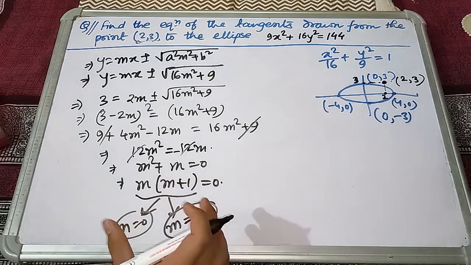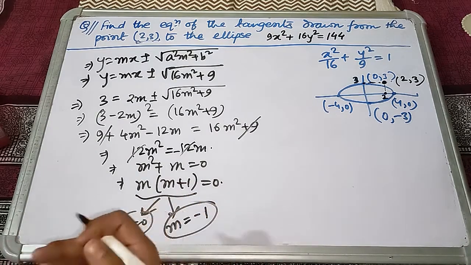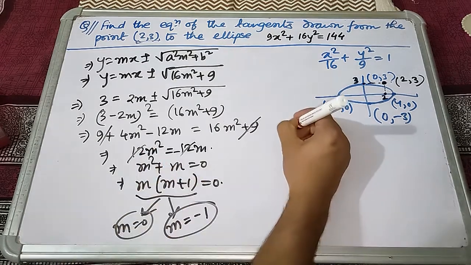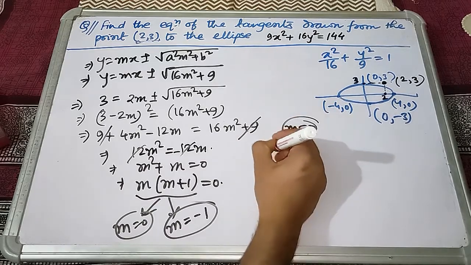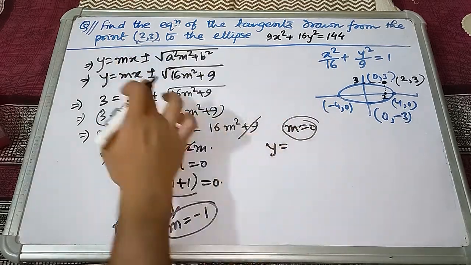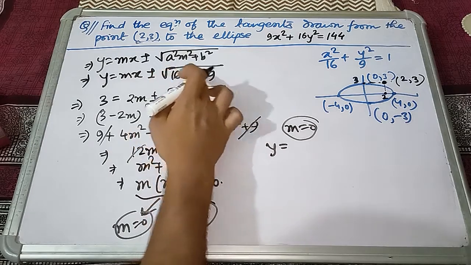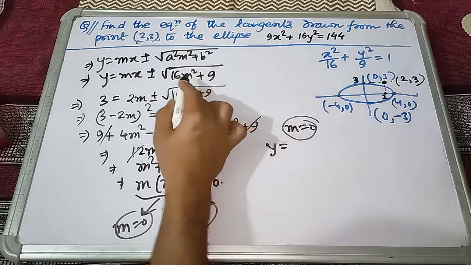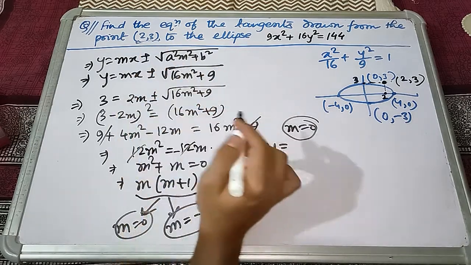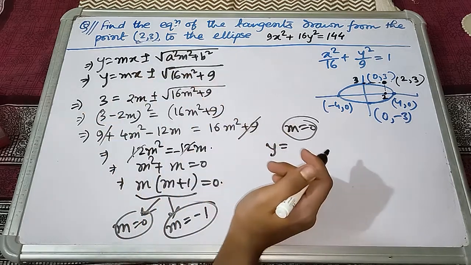Now, using m equals 0 and m equals minus 1, write all the equations which are possible. Suppose m equals 0, what are the equations?